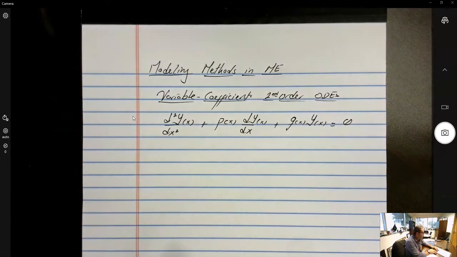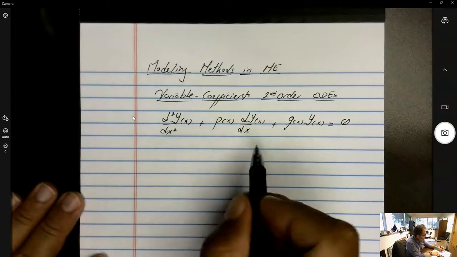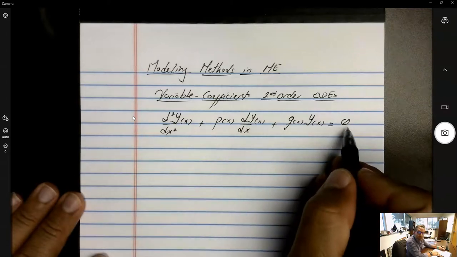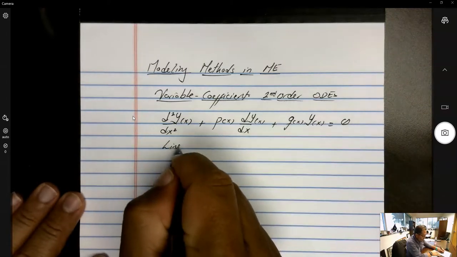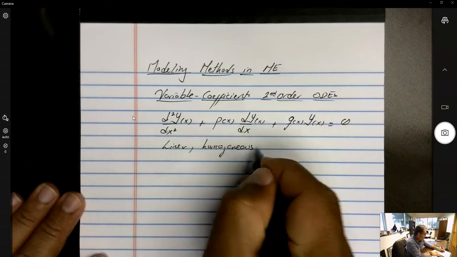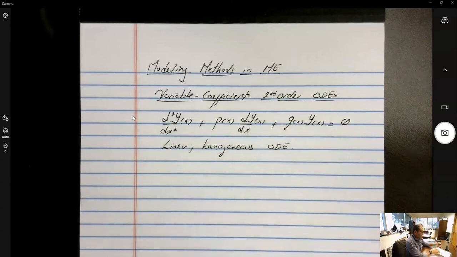Obviously, if this equation were nonlinear, then there's even less of a hope to get to a general procedure by which we can solve this equation. But if it's linear, there might be some avenues. And we're also keeping it homogeneous. So this is a linear homogeneous ODE.